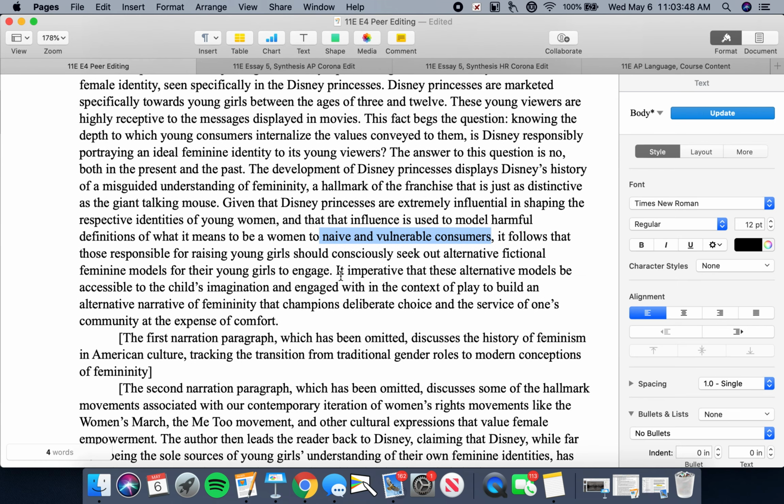The student comes to that conclusion, but then qualifies it in her following paragraphs by explaining why it is so important that those alternative models be accessible to the child's imagination and engaged with in the context of play.